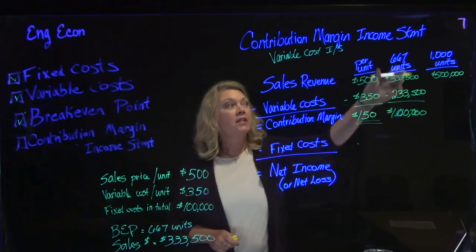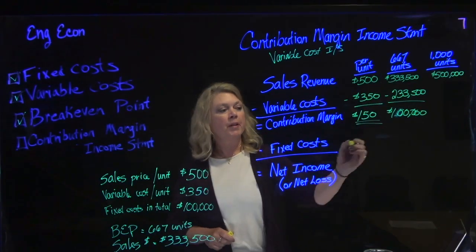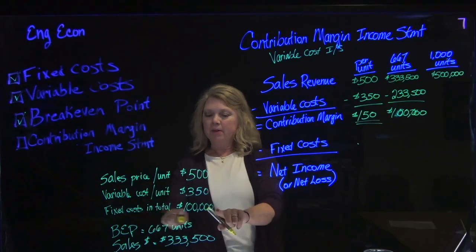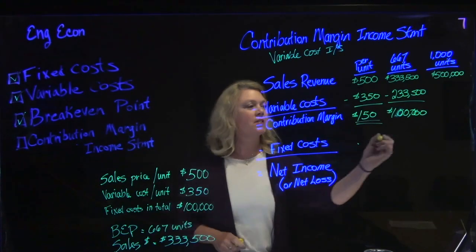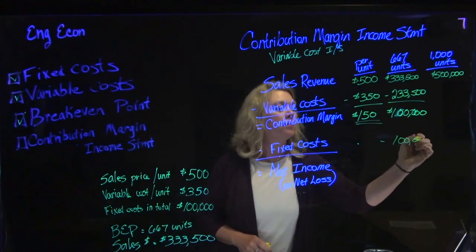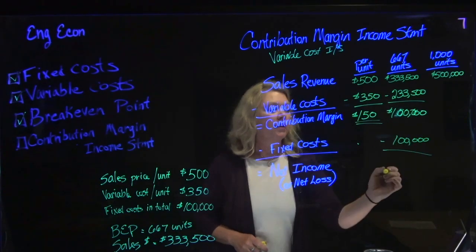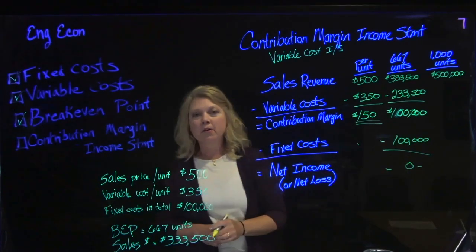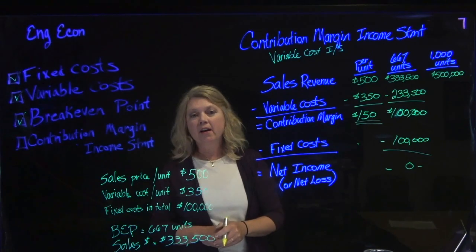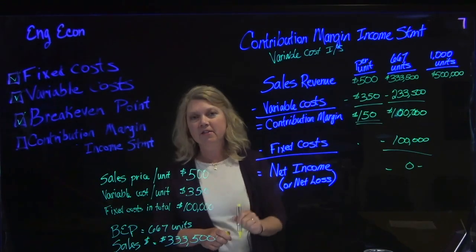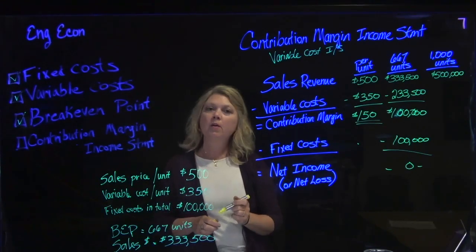Now we subtract the fixed costs in the total column here. So fixed costs in our example, $100,000. So we subtract that out and get net income or loss of 0. So that verifies that our break-even calculation of 667 units by the equation method was correct.